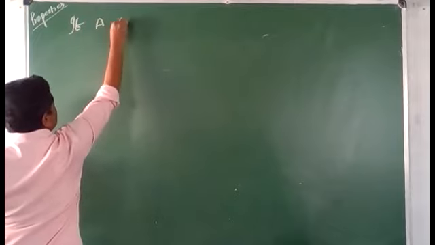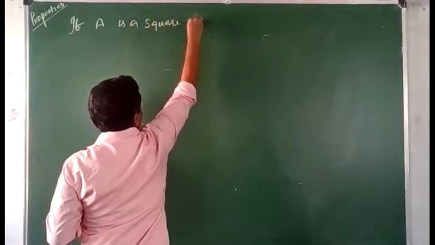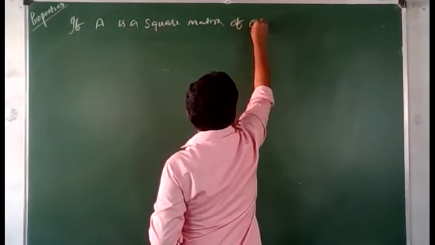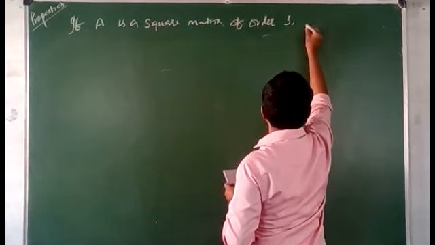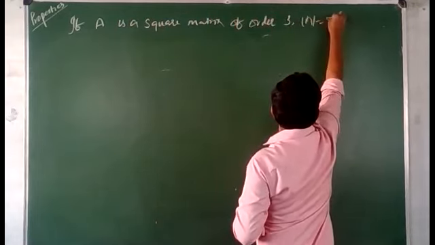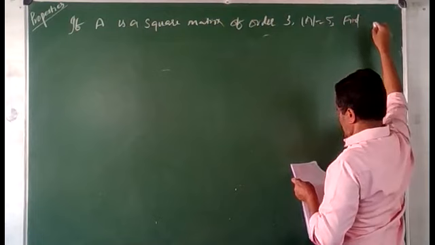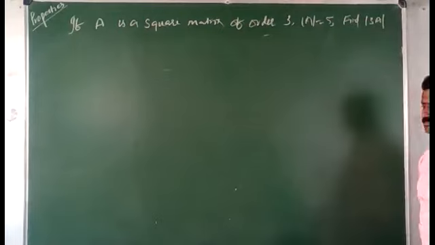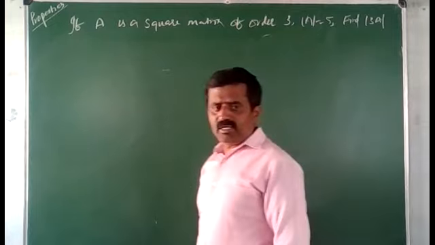If A is a square matrix of order 3, determinant of A is equal to 5, find the determinant of 3A.